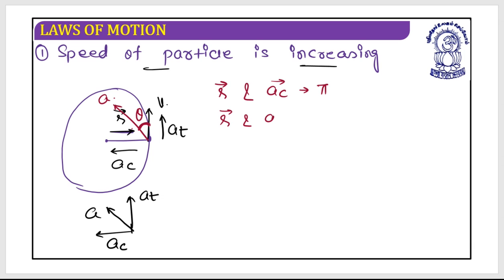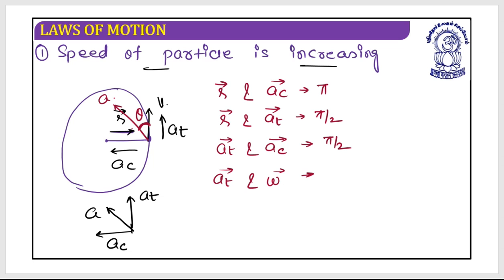R and AT: it's pi by 2. AT and AC: it's pi by 2. AT and omega, again pi by 2. A and velocity: it is somewhat acute.